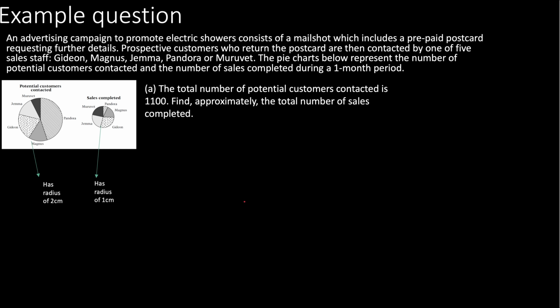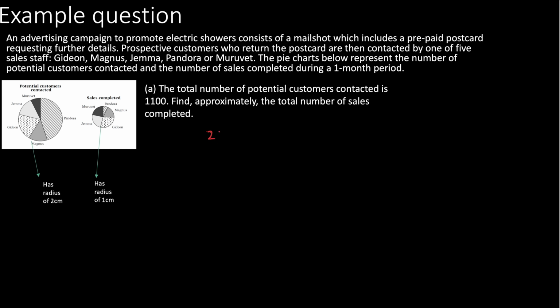Okay, feel free to pause the video and have a go. To do this question, I would use ratios, since we know that the area is directly proportional to the population size.